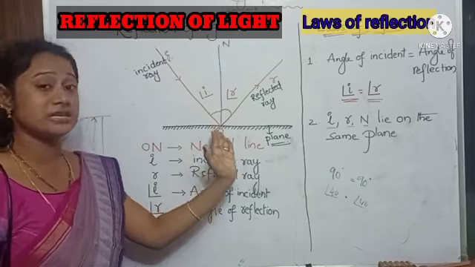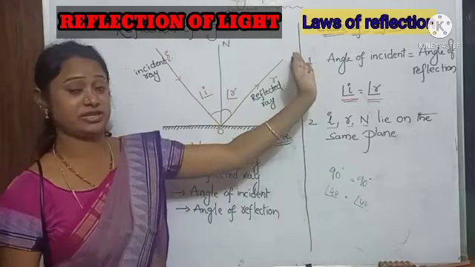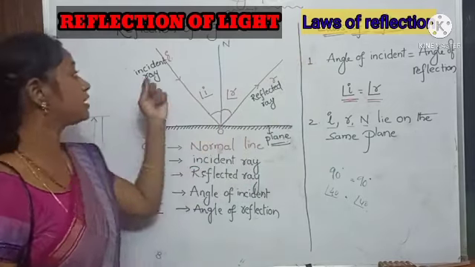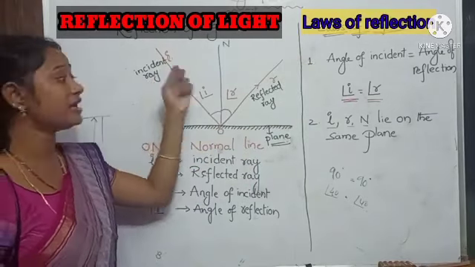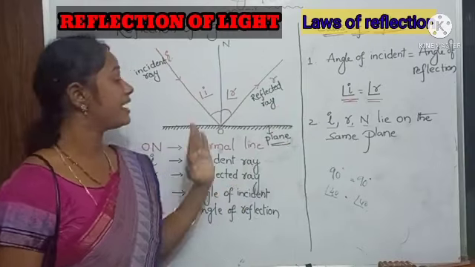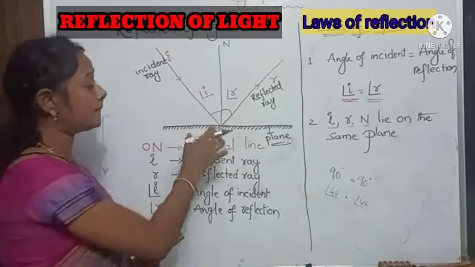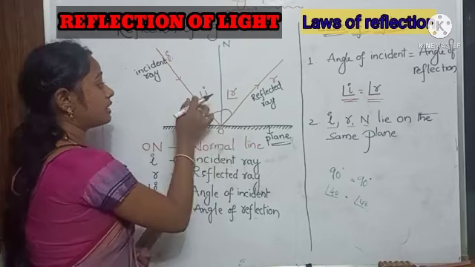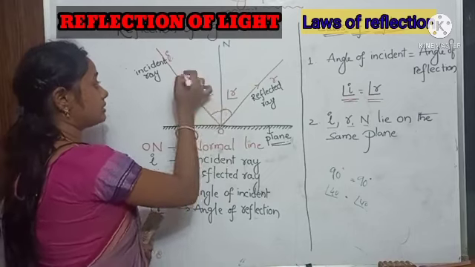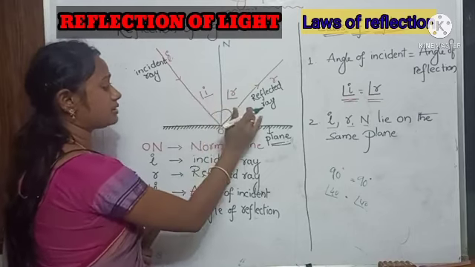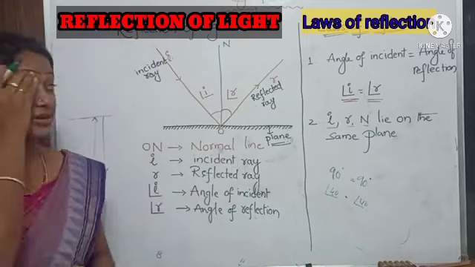What happens? The light ray is just reflected in the same medium. Here it is denoted with I and R. If we draw a normal between these rays on the plane, they make two angles. This is the angle of incidence and this is the angle of reflection.